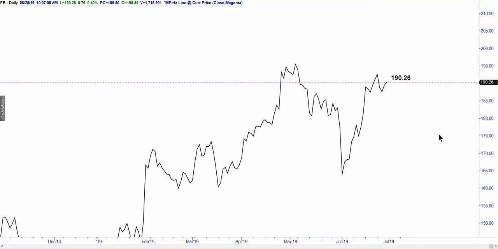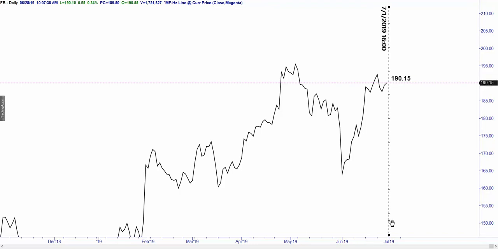Now, the other thing about a chart is that you can basically have a chart cover any sort of time period you want. This is a daily chart of Facebook, okay? And if I simply block out where we are now, we're basically right at the end of the second quarter of the year.